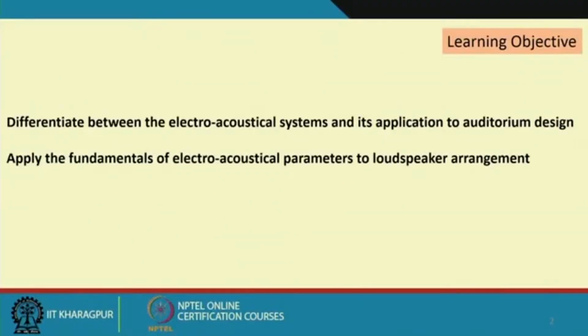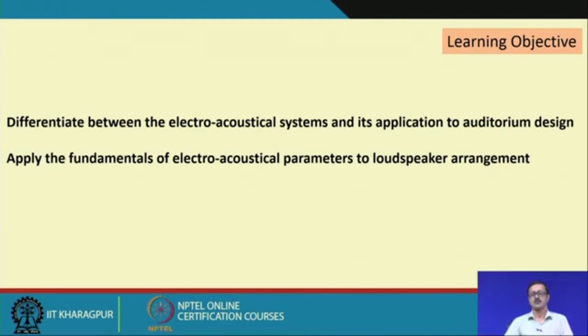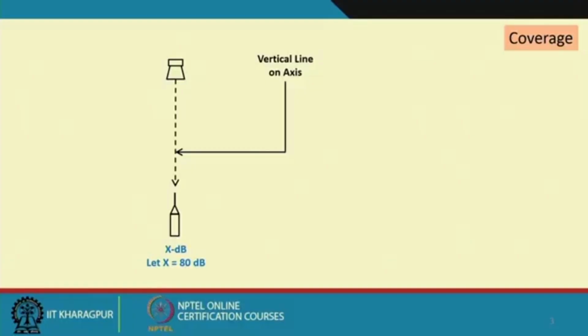Today, the learning objective of this 27th lecture is to differentiate within the application systems of electroacoustics, particularly focusing on auditorium design principles. We will also apply those fundamentals of electroacoustical parameters to loudspeaker arrangement. So, from these learning objectives, let us move forward.